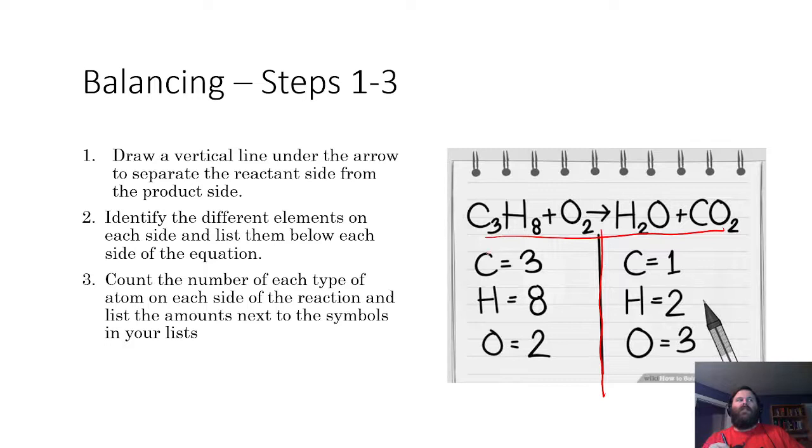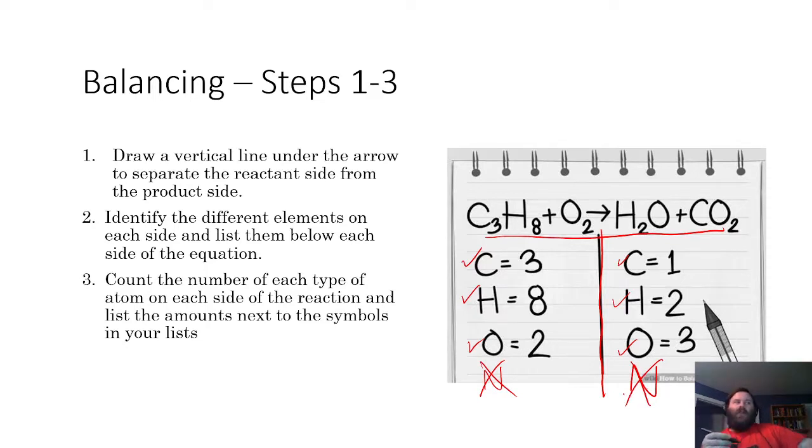Then you should identify the different elements on each side. In this case we have carbon, hydrogen, and oxygen, and carbon, hydrogen, and oxygen over here. You're never going to have a different set of atoms on both sides, right? Like, you're never going to have nitrogen over here but not nitrogen over there. The lists are always going to be the same.